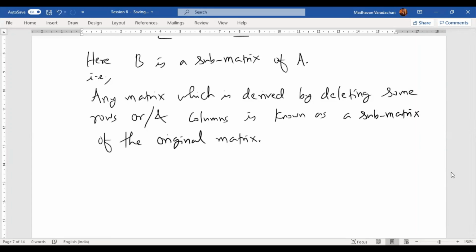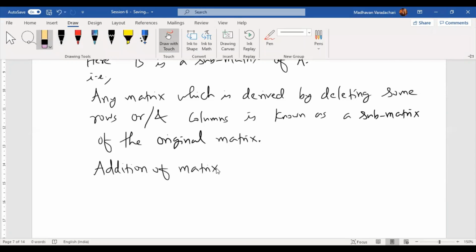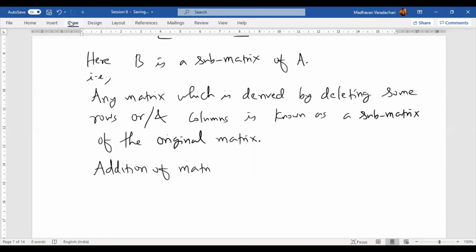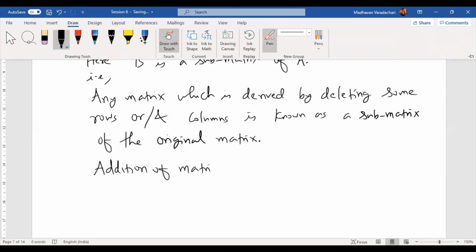Then these are some of the types of matrices. We'll now move on to the properties of matrices, basically of addition of matrices.